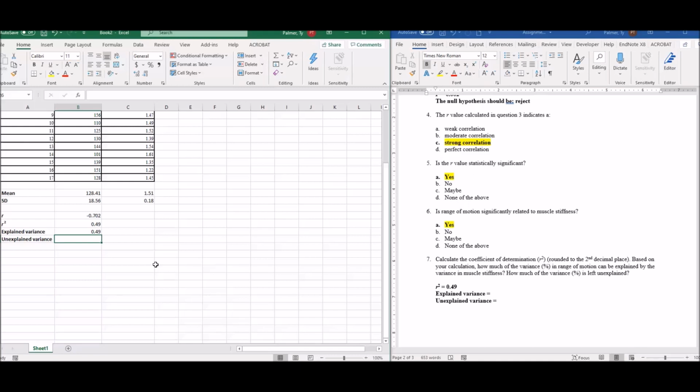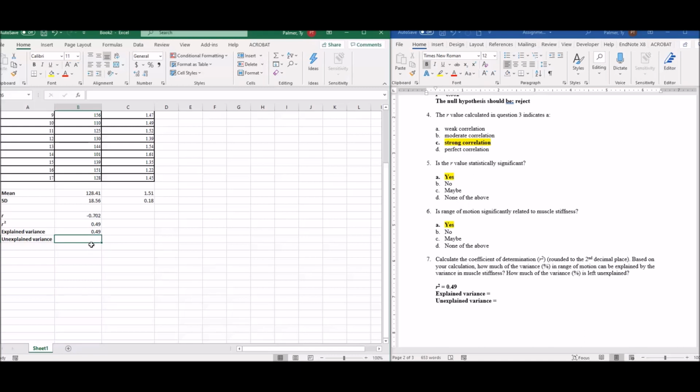Okay, now I know you're thinking, well, wait, it asks you to calculate as a percentage. Yes, I know that, and we'll come back to that in just a second. But as of right now, just do what I did there. The explained variance is directly related to the coefficient of determination.